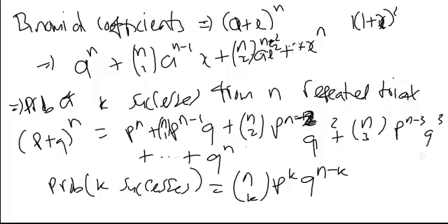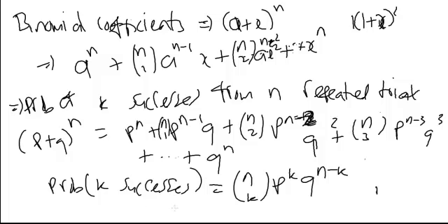If you think of tossing 5 coins, I can get 0 heads one way, 1 head 5 ways, 2 heads 10 ways, 3 heads 10 ways, 4 heads 5 ways, and 5 heads one way.